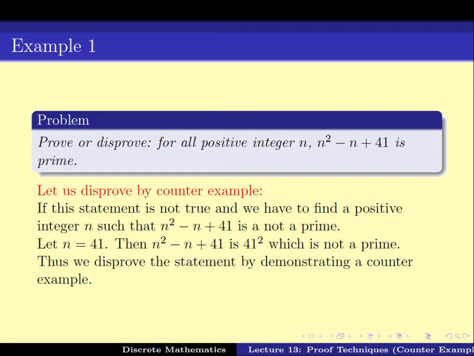Finding these counterexamples is not at all easy, and sometimes, depending on the problem, can take a lot of hard work. In fact, there are problems for which the counterexamples have been found after centuries of hard work.